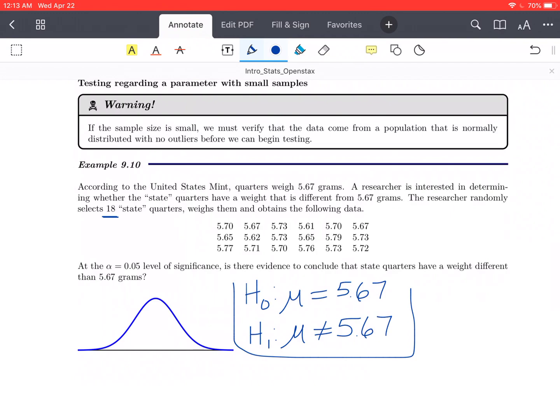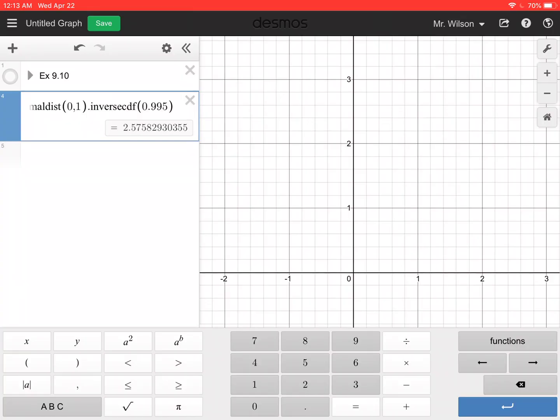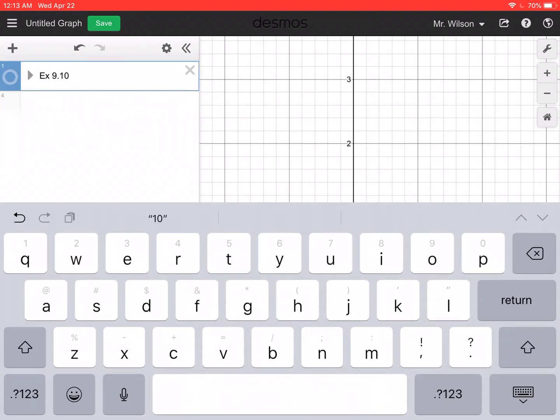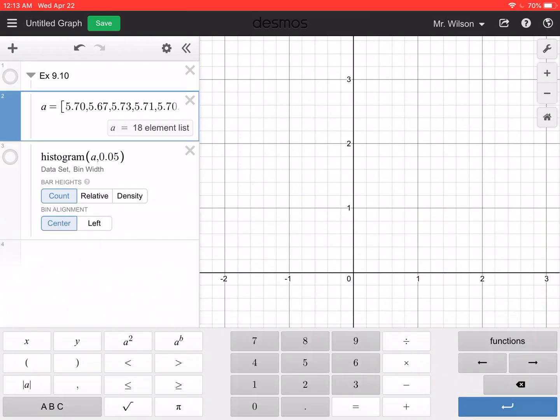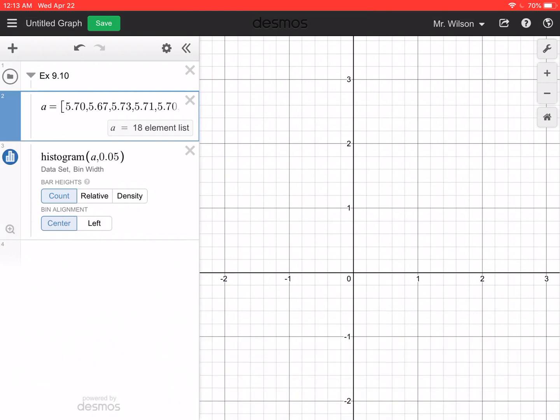So let's go to Desmos. Luckily I already have this one queued up for us here. I already created the data set. If you just type in all of those data points in a comma separated list within the square brackets, I have all 18 there, and then draw a histogram of the data.